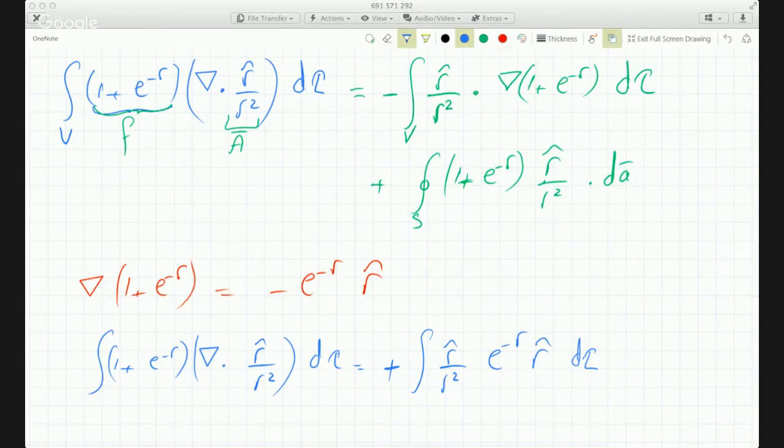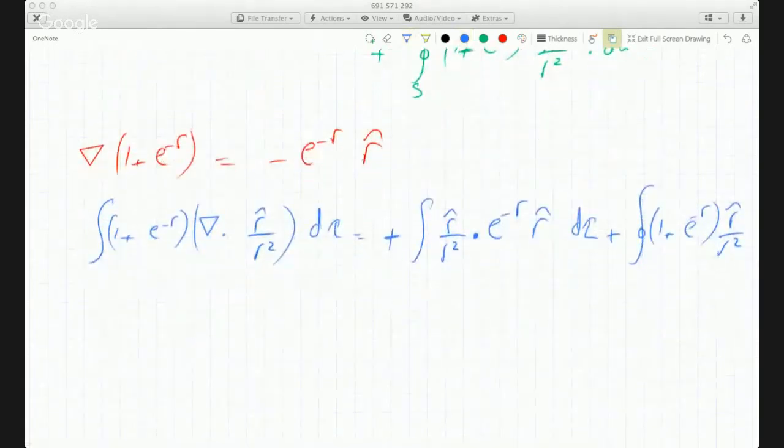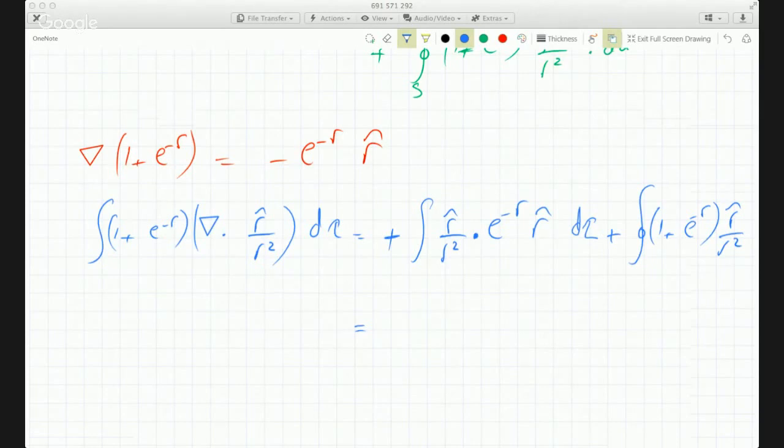Oh, and there's a dot product here. So this is a dot product between two vectors. Plus the other one remains the same, 1 plus e to the minus r over r squared. Now this dot product between the two vectors will just get you the magnitude of the first times the magnitude of the second.